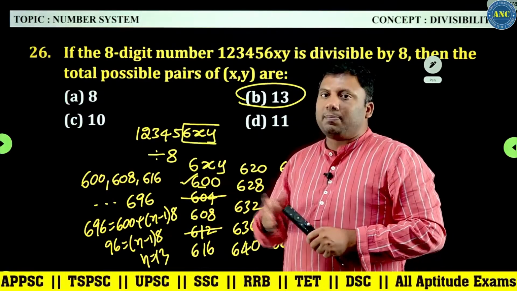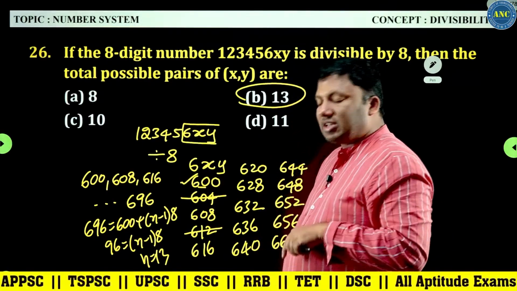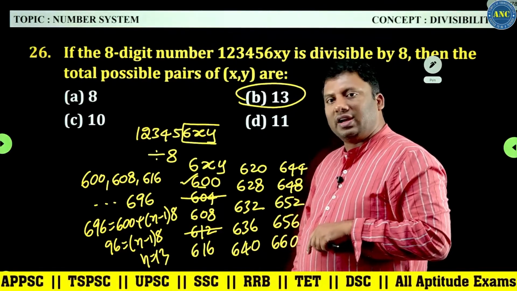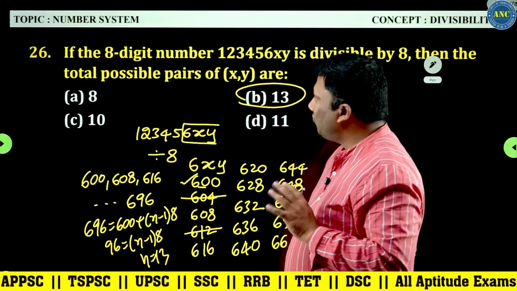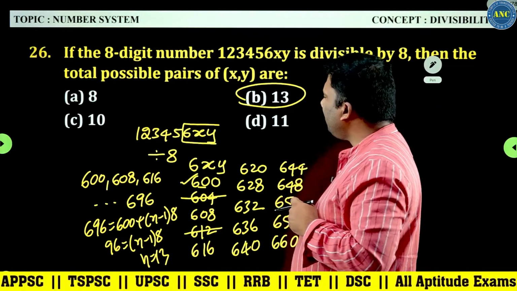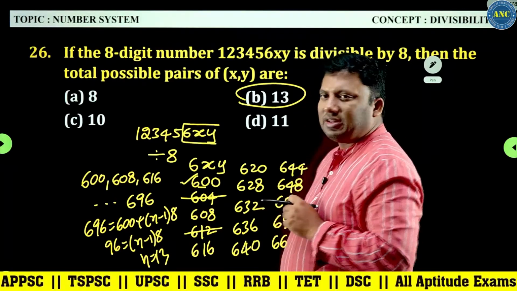Tn is a plus n minus 1 into d. 696 is 600 plus n minus 1 into 8. N value will be 13. I hope the idea is very much clear, and 13 values will be there.